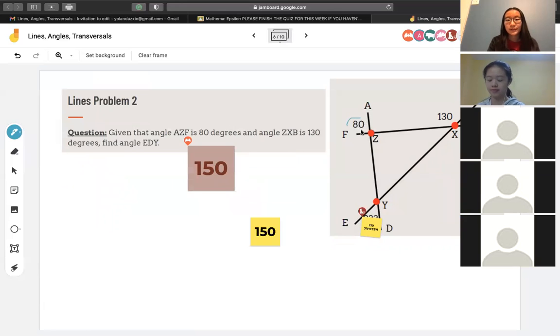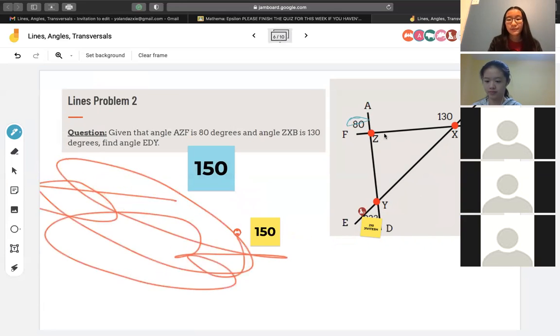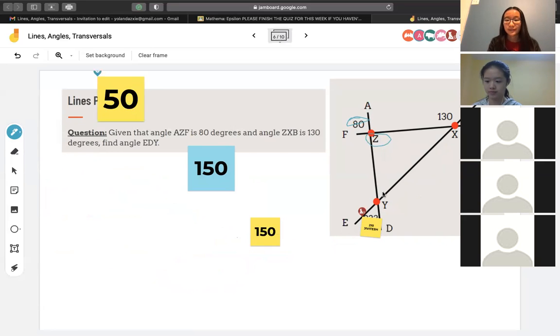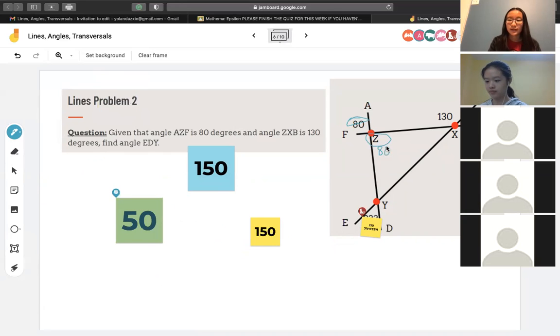All right, so we're given that angle AZF is 80 degrees, and from vertical angles, we know that angle YZX is also 80 degrees. And here, you can see that angle BXZ and angle ZXY are supplementary, which tells you that this angle here is 50 degrees because 50 plus 130 equals 180.